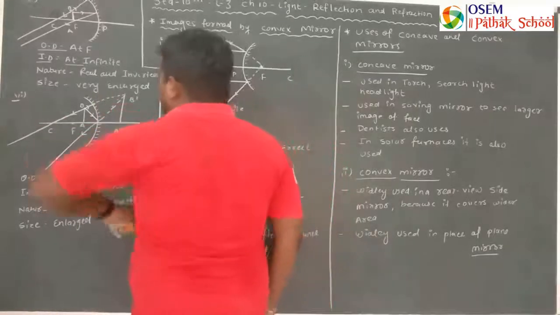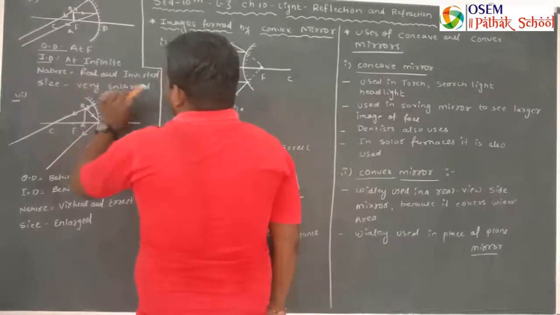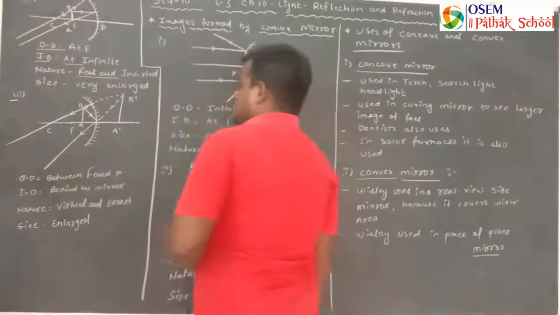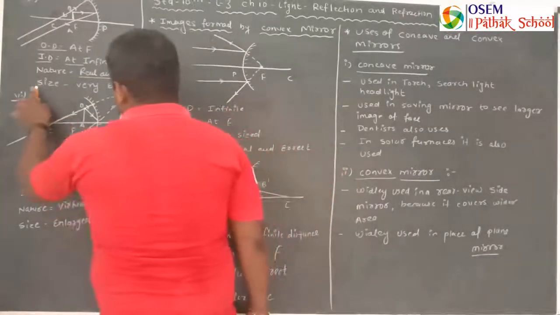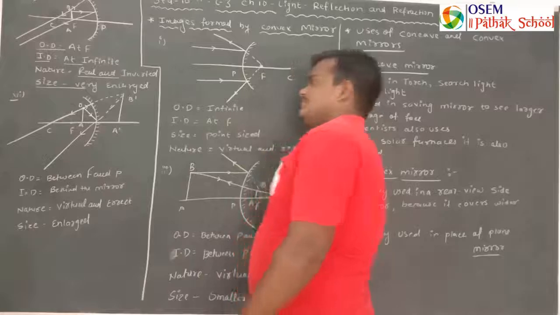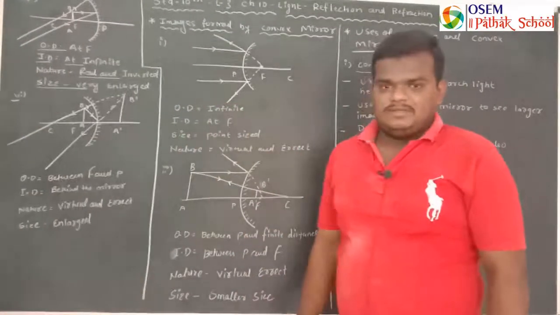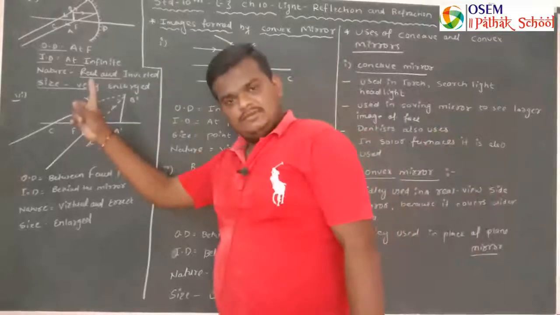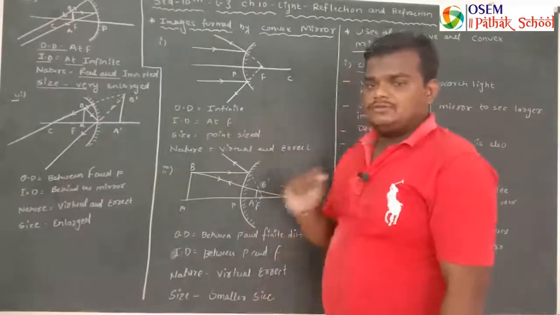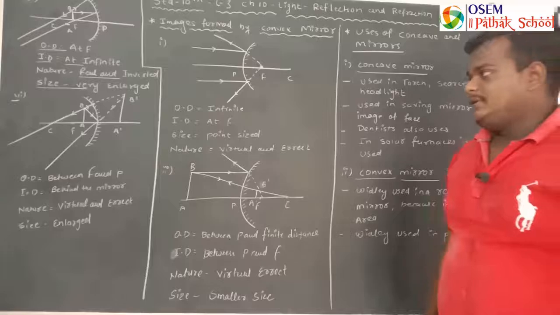What about the nature? The nature is real and inverted, and a very enlarged image is formed in this case. This is the 5th case that you have to draw in your workbook.